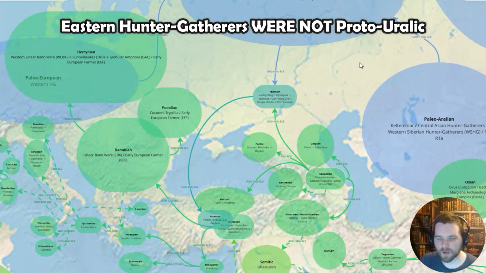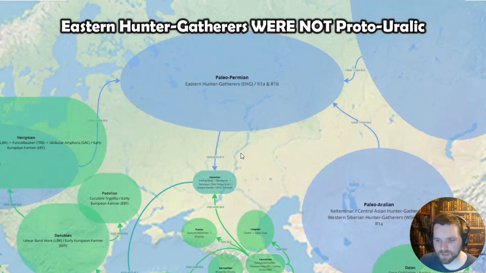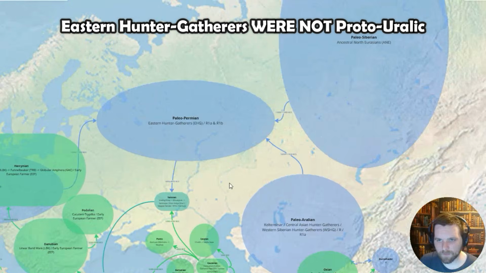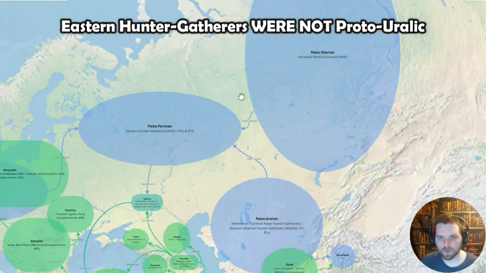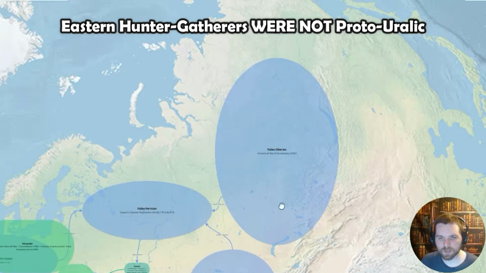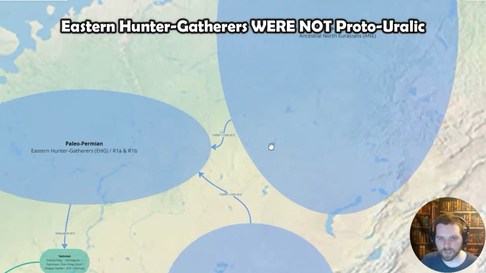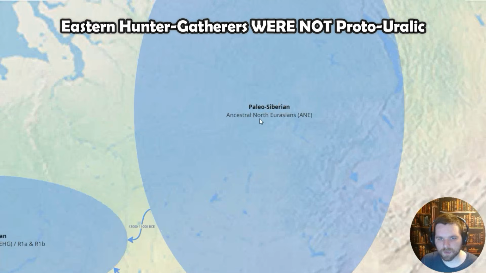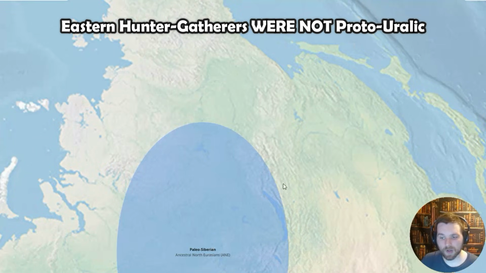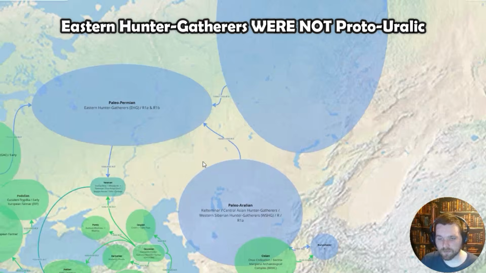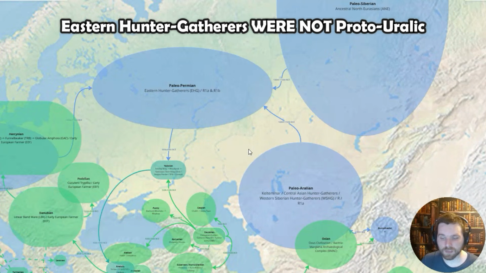Now, I took the liberty of expanding this in my map. Up here in North Asia and North Eurasia, we have three big groups that I've decided to point out. There's this Paleo-Siberian. There's a whole story about what they do over here, influencing and becoming part of the Americas at an early stage.